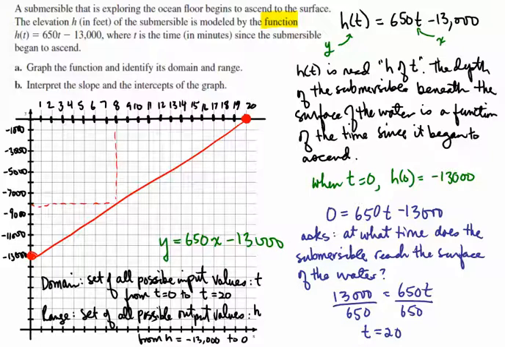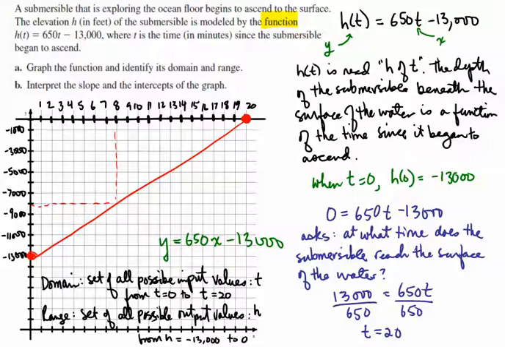So the domain, the set of possible input values, is going to go from the starting time till the time that the submersible reaches the surface of the water at t equals 20. The range is the set of all possible output values for this function, and that's going to go from negative 13,000 at the ocean floor to 0, the surface of the water.